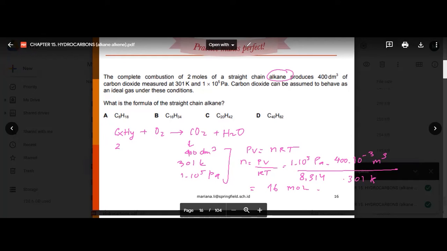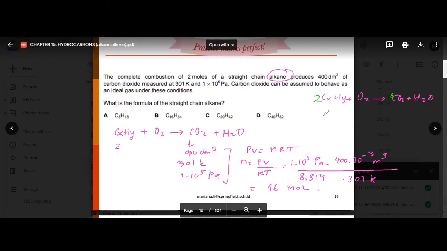And you know that the mole ratio can be represented by the coefficient ratio. Since we have 2 moles of CxHy and 16 moles of CO2, I can assume this is the mole ratio, so it's 2 to 16. So I will put these here as the coefficients.